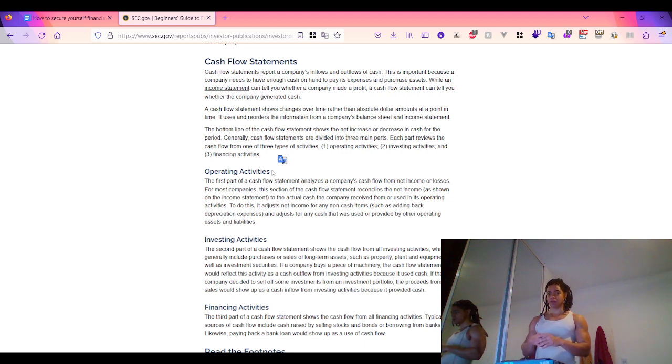Deferred revenue is money that a company has collected, with obligations to provide goods and services in the future, such as subscription services or gift cards. Accrued expenses are expenses that a company incurs for goods and services that have been received but not yet paid for, such as rent, taxes, utility bills, salaries.